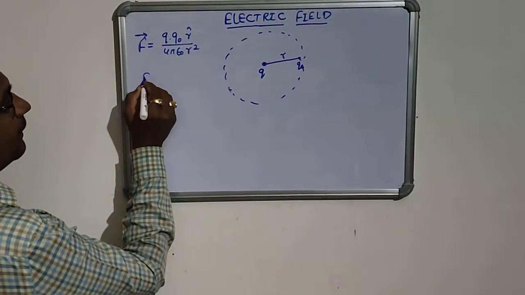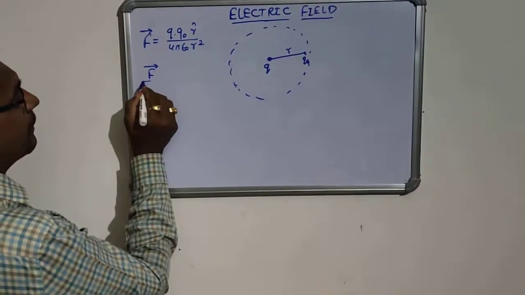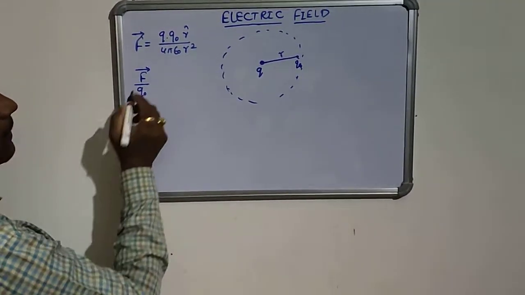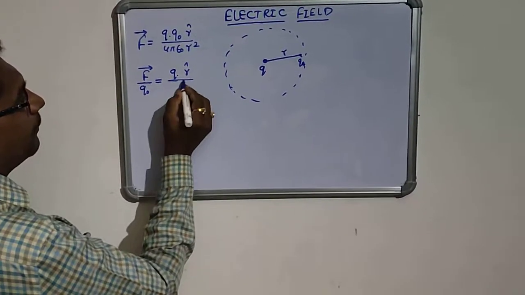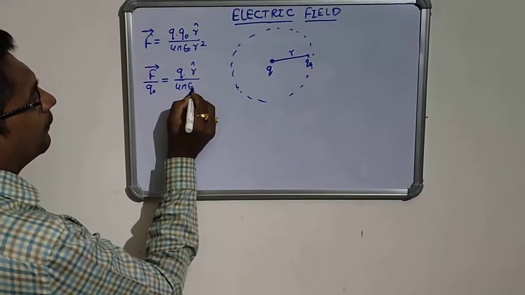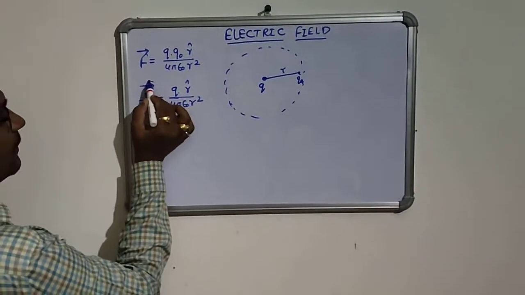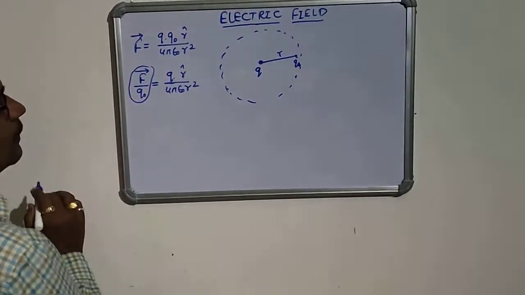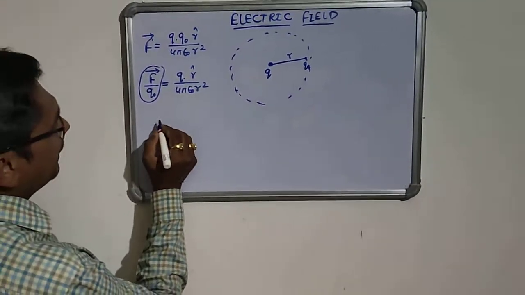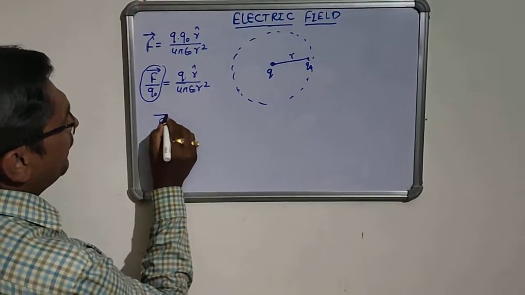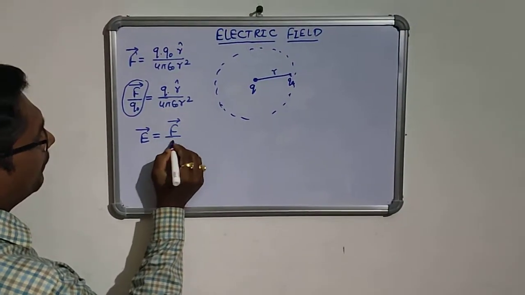So we can define, in the form of F vector, the force experienced by test charge Q naught. This term is called intensity of electric field. So we can write the electric field E vector equals F vector upon Q naught.